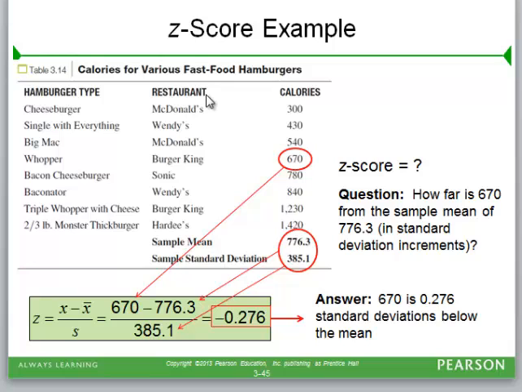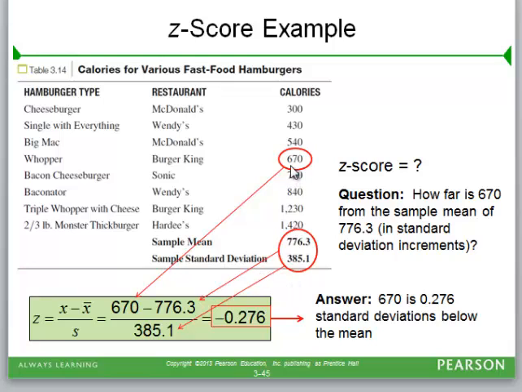Those are samples, because this list does not include all the restaurants, only some: McDonald's, Wendy's, Burger King. So it's a sample mean. We found the sample mean is 776.3 calories on average for the hamburger. Then the sample standard deviation is 385.1.